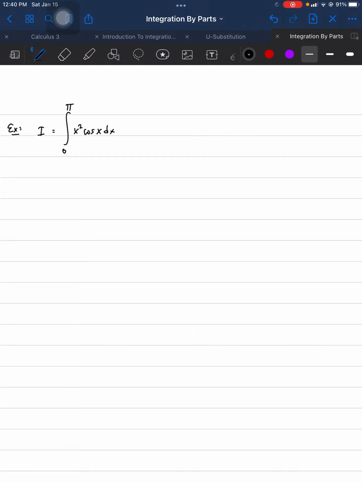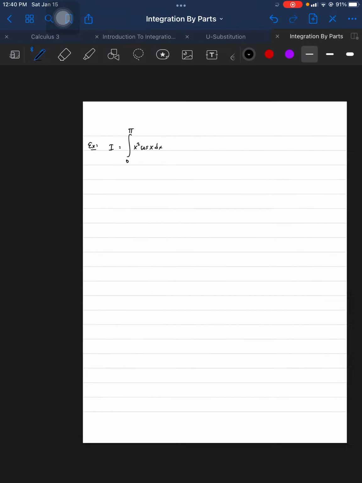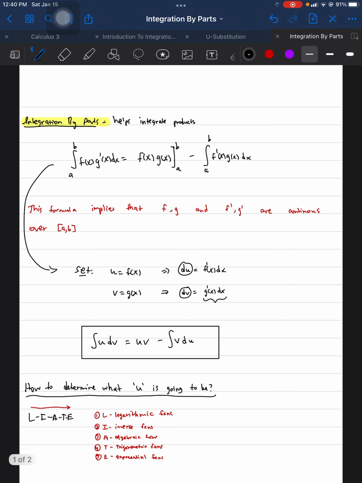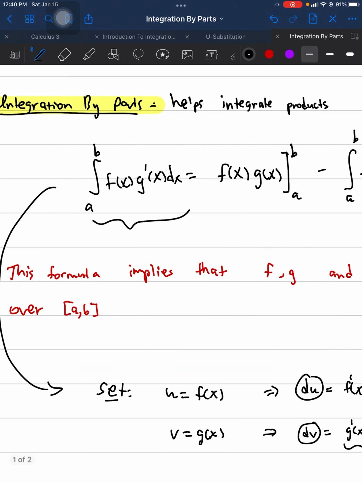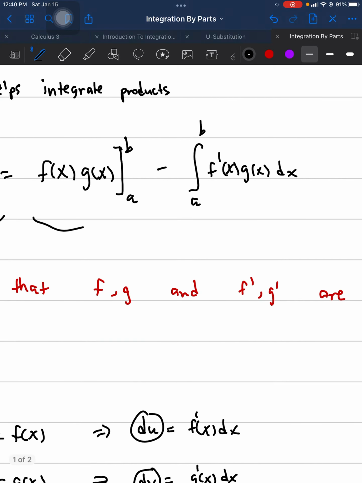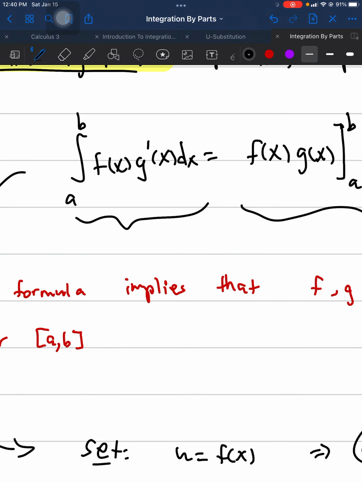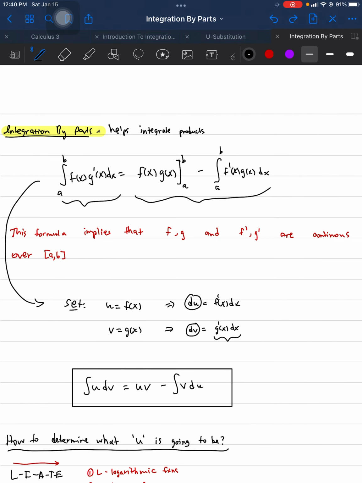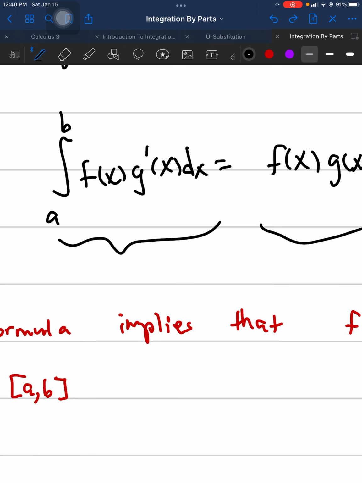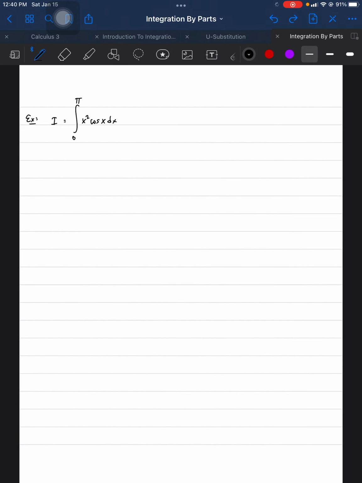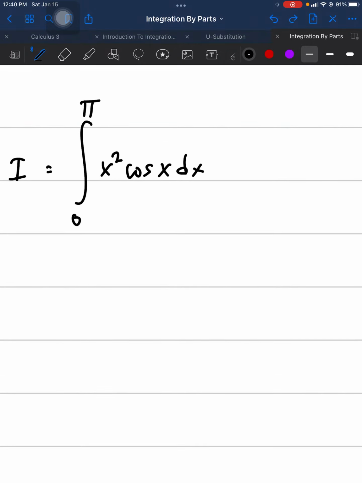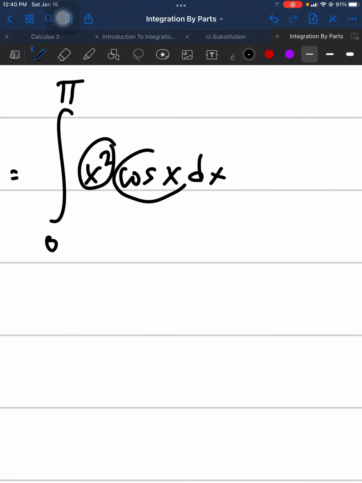try to figure out what we can switch around, right? We know we want the final product to be in terms of this right here. We want to rearrange the original integral so it looks something like this, right? What we see here is that we have an f of x and we have a g prime of x. But in the original integral, we just have x squared and cosine x.